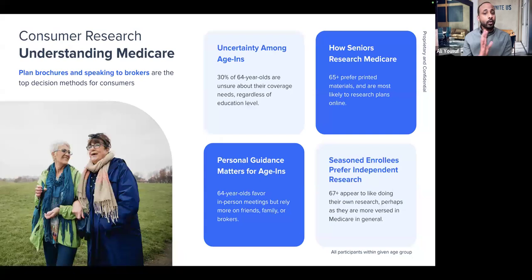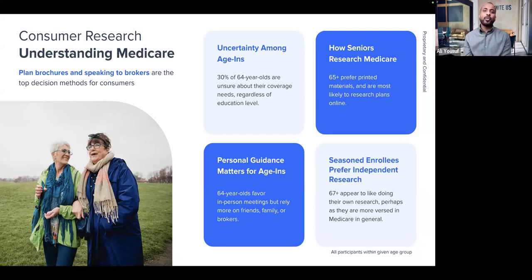And then on the right-hand side, for the older folks that have been through multiple annual enrollment periods, at this point they are pretty comfortable doing their own research. We do find that seniors 65 and older prefer printed materials and they prefer researching online. So they're very familiar with just going online, searching for plans.